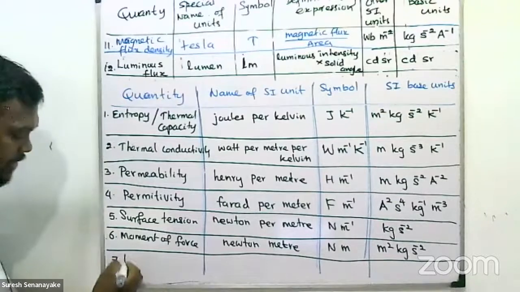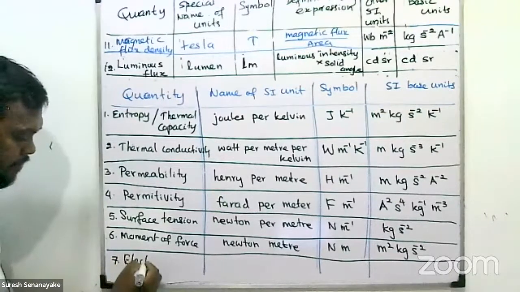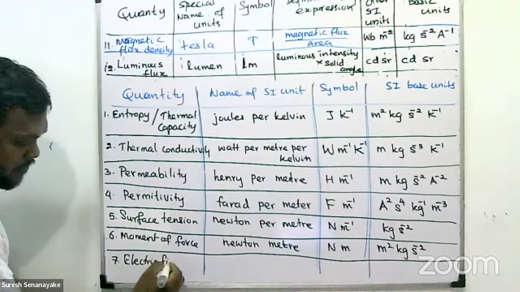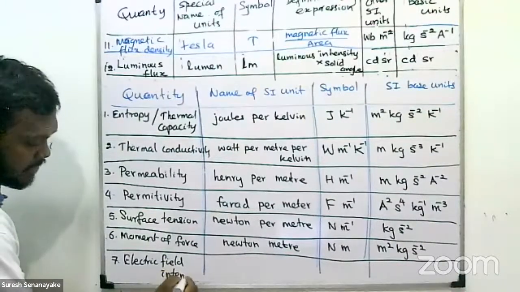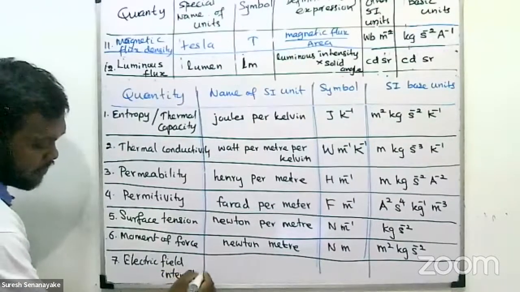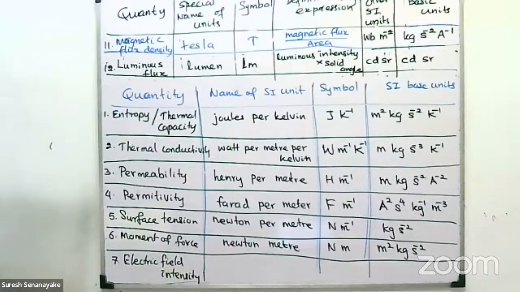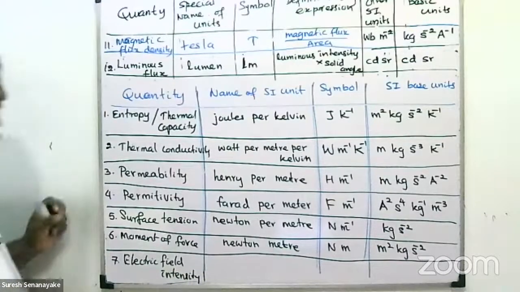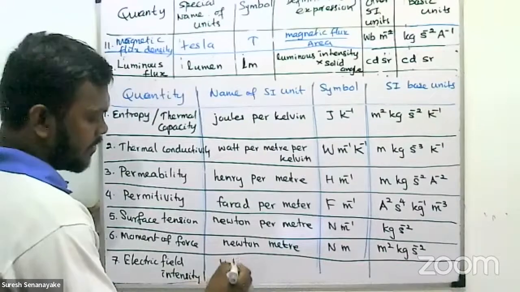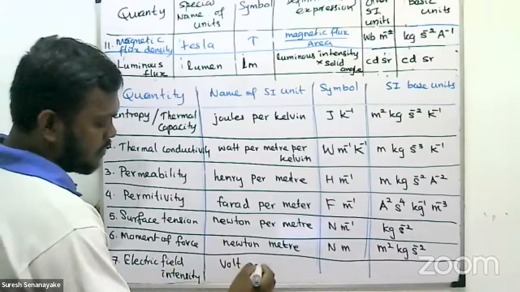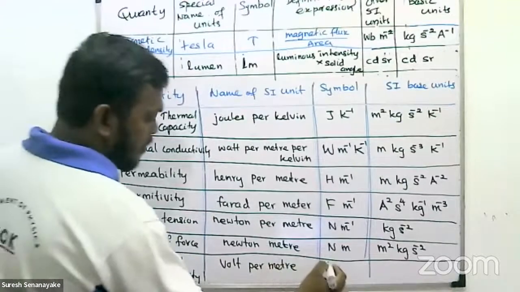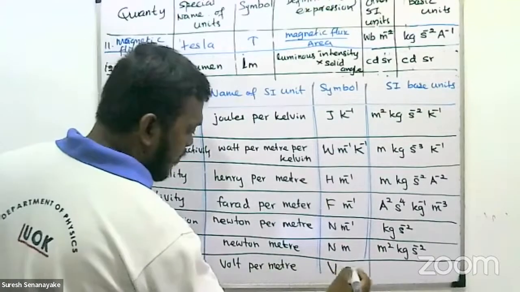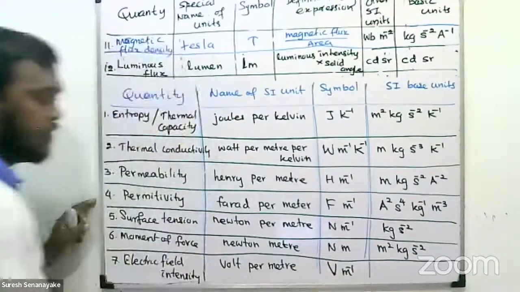Seventh, the electric field intensity. Electric field intensity is measured in volt per meter, V per meter, V m minus 1.